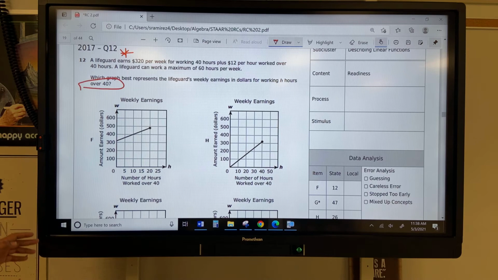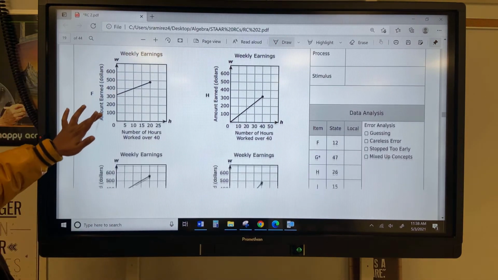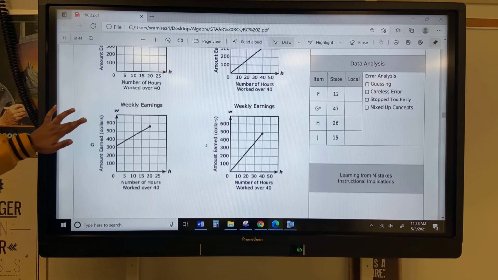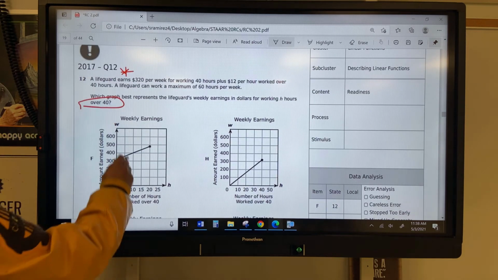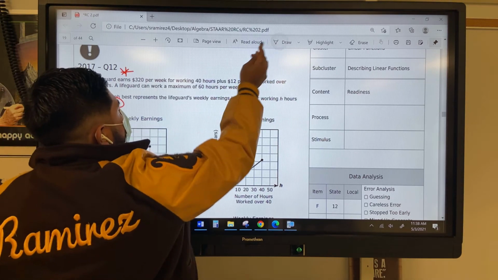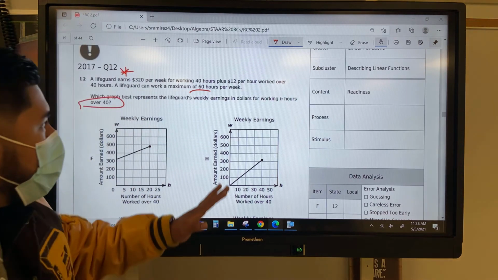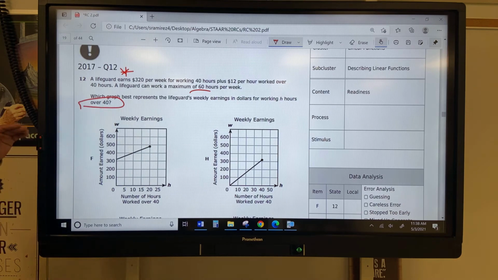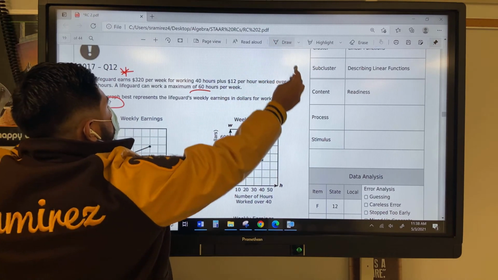So you're probably wondering, hey, sir, where's the 60? What's going on? I don't get it. This question is really hard only because they want you to find the difference. Since I'm working over 40 hours, how many more hours till I get to 60? Hopefully some of you can do the subtraction in your head. If not, that's okay. 60 minus 40, I can only work an additional 20 hours.